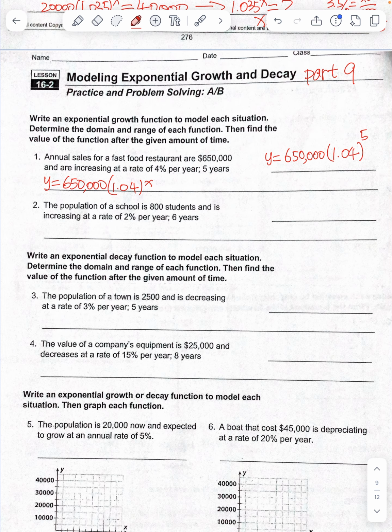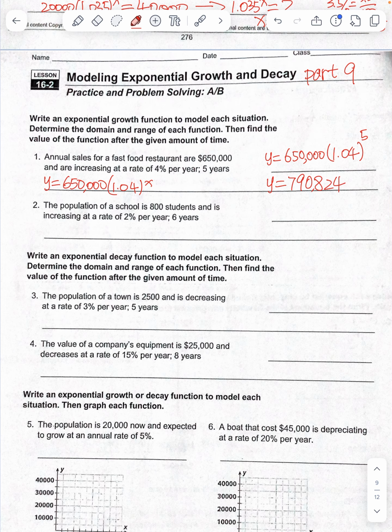So I'm going to use a calculator to figure out the value of this part first, and then multiply. 1.04 raised to the 5th power equals 1.21. And then multiply by 650,000. Okay, so the final value is going to be 790,824.